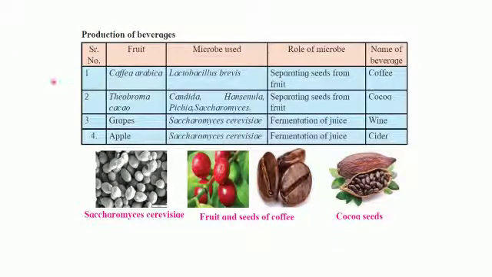So here you have various examples that are given here. The microbe that is used has also been given along with the role that the microbe plays. But this particular table has been excluded from your syllabus this year. So you can just read it for your information.